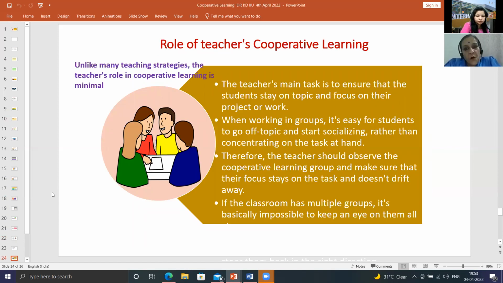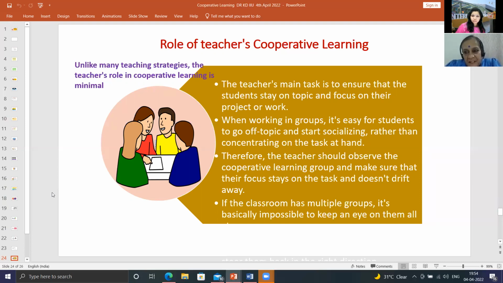Then, the role of teachers in cooperative learning. You all are thinking, why have I not mentioned the teacher? Because if you understand the task of cooperative learning, it is very important to understand that mutual interdependence and individual accountability are the most important aspects of cooperative learning.